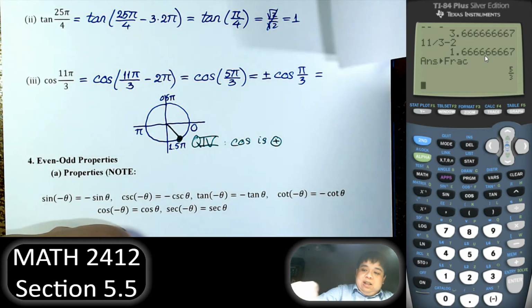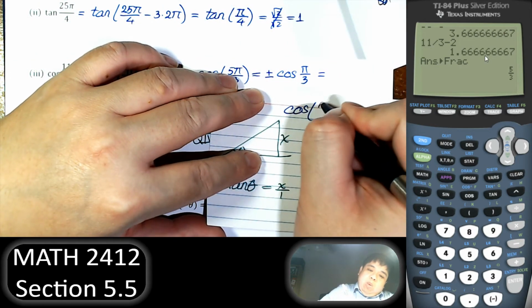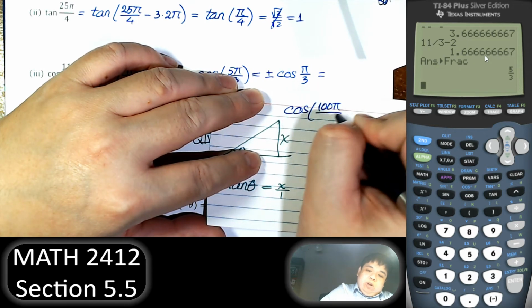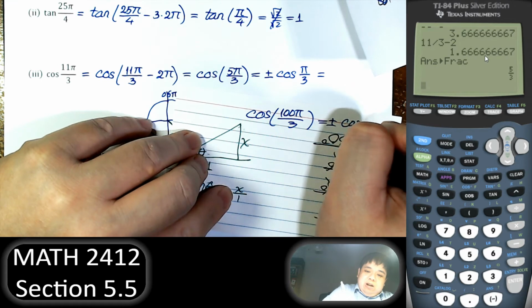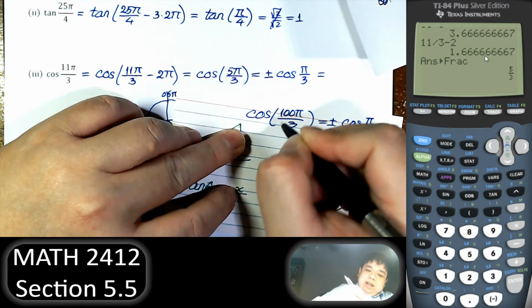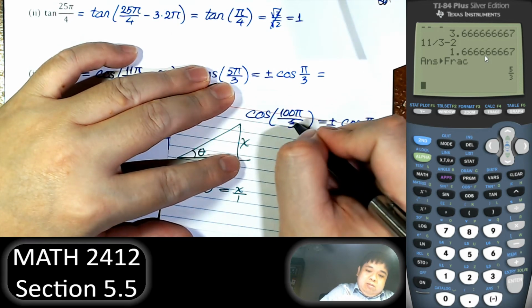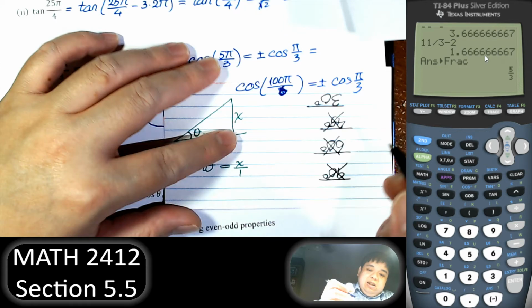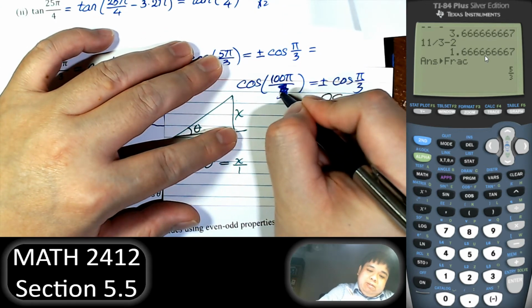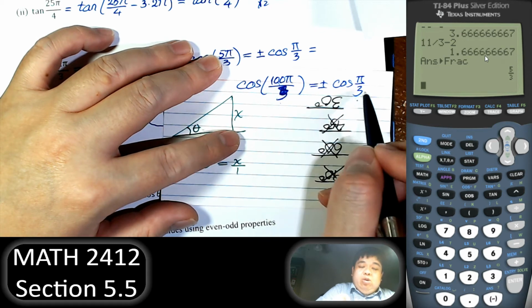Or I can say it in general, cosine of 100 pi over 3 will be plus or minus cosine of pi over 3, because both of them are divisible by 3.